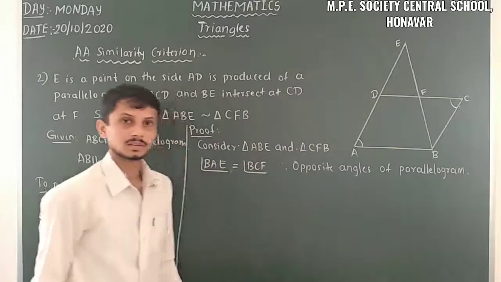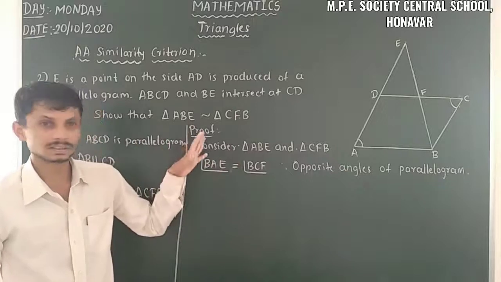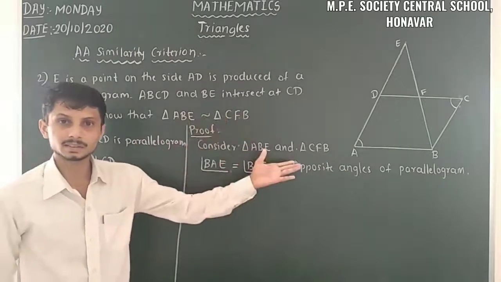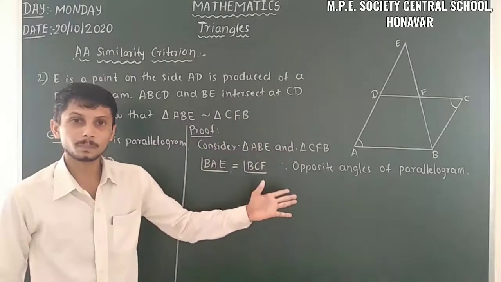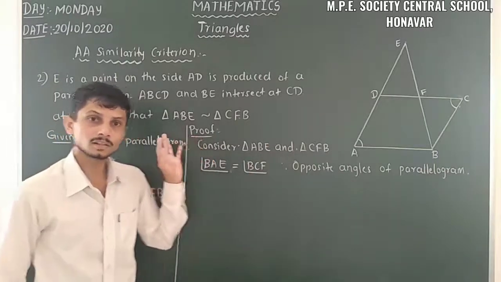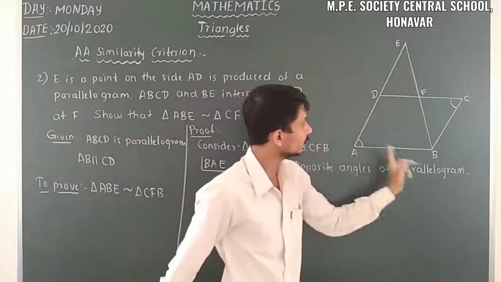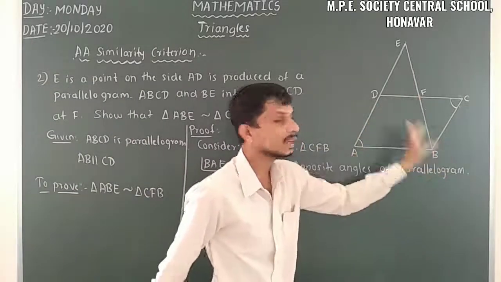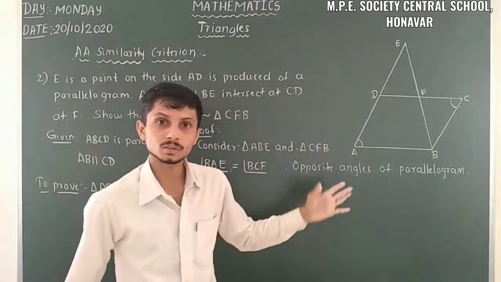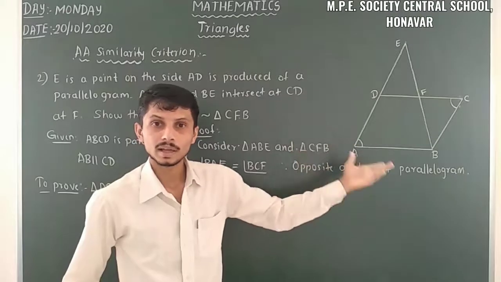Then here we have one condition of angle. Then we have to consider what other sides or other possible angles are equal. We also know that AB is parallel to CD. When we consider FB as a transversal, some pairs of angles are equal.